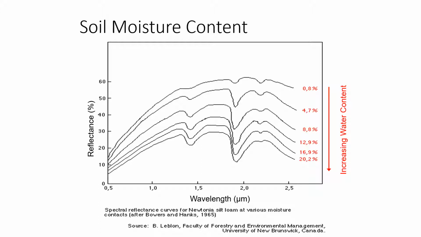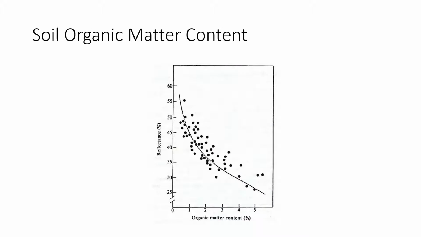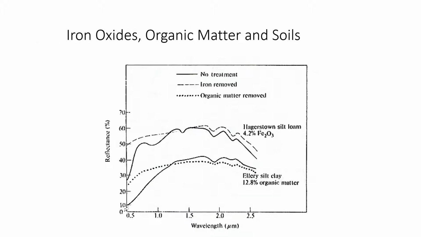The lines at the top have very little water, the ones at the bottom have more water, and as you go from one wavelength up across the spectrum, you can see how more or less gets reflected. You can also see where the water absorption bands are, and that hydroxyl or clay absorption band as well. So how does organic matter content affect reflectance? When you have very little, you reflect a lot. When you have a lot more organic matter, you reflect a whole bunch less.